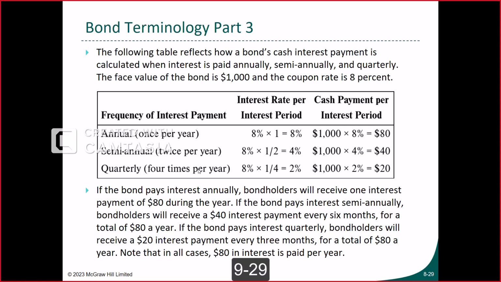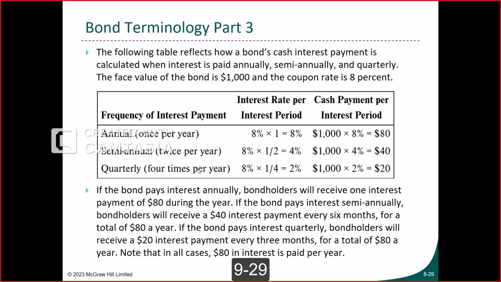With the 8% coupon rate, if the payment is made twice a year, semi-annual payment, January and July, for example, of every year, you have to divide it by 2, and it becomes 4%. That is the cash amount of interest that will be paid every interest period. It could also be quarterly, where you divide the 8% by 4, so that for a bond of $1,000, it gives rise to $20 of interest every quarter.